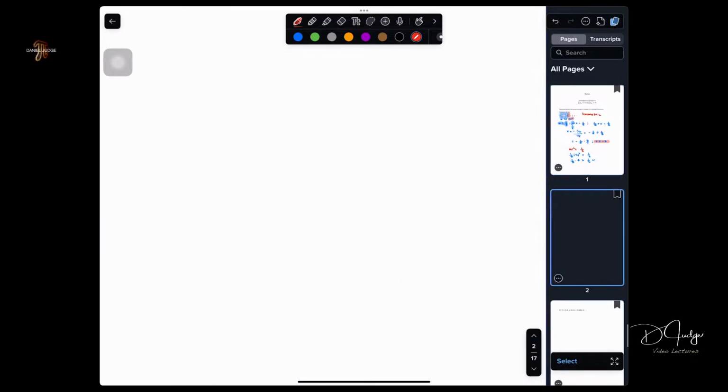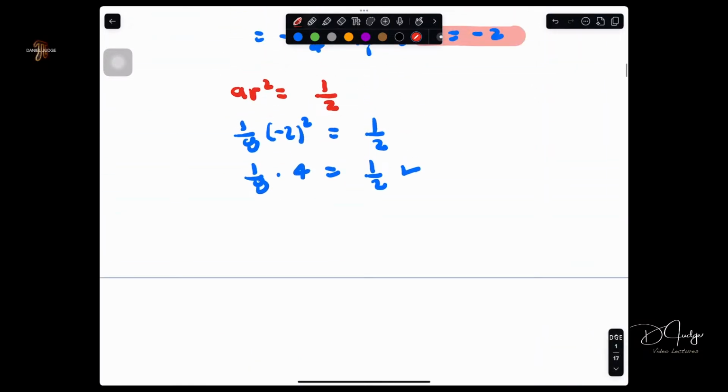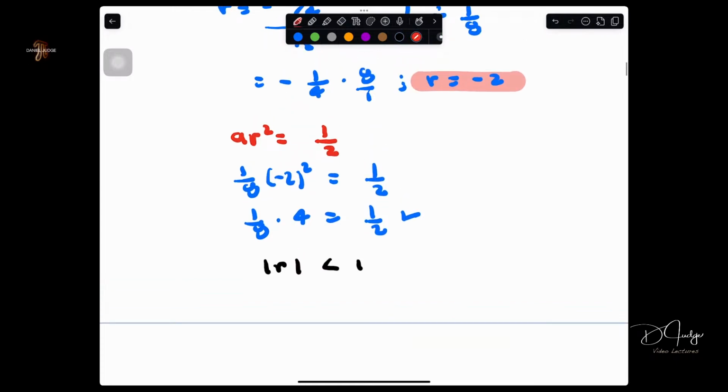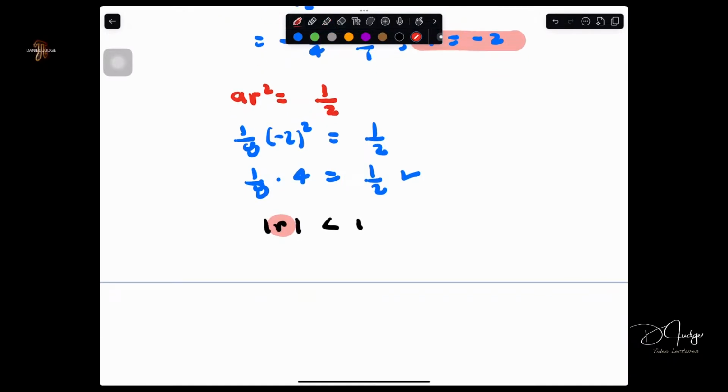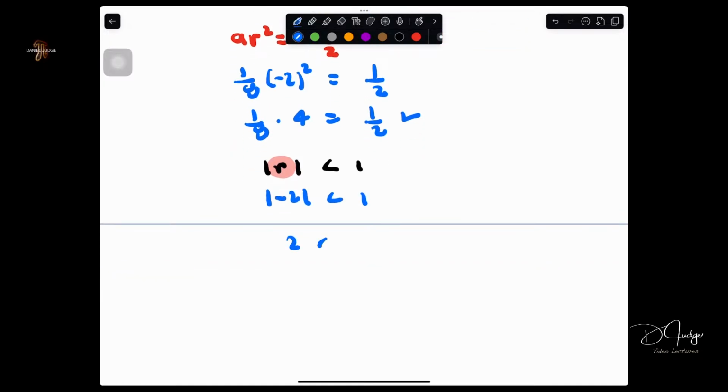Now, geometric series converge. We have to verify if the absolute value of R is less than 1. Now, R is negative 2 here. We plug in the negative 2 for R. So what do we see here? That the absolute value of negative 2 is in fact positive 2, and positive 2 is not smaller than 1.